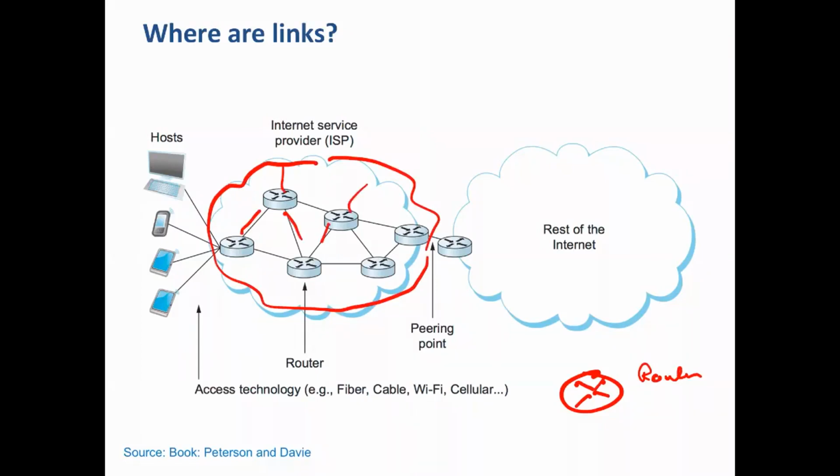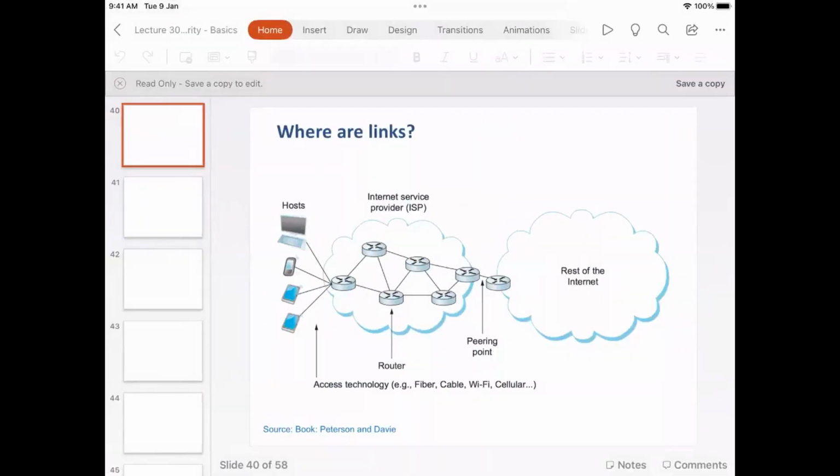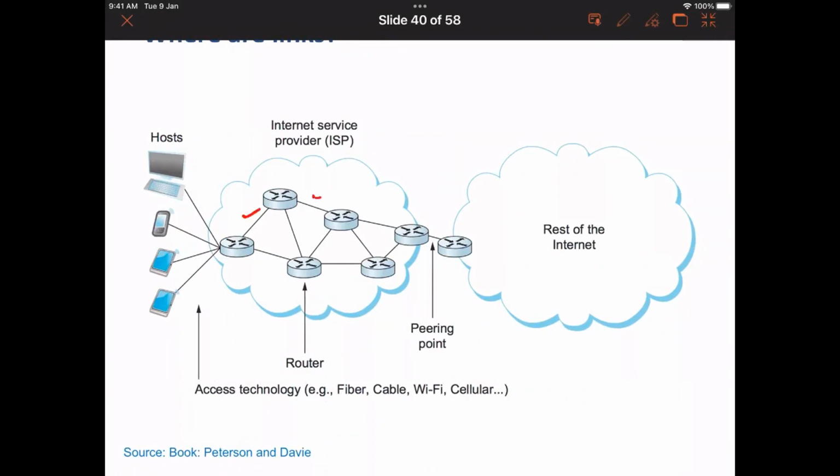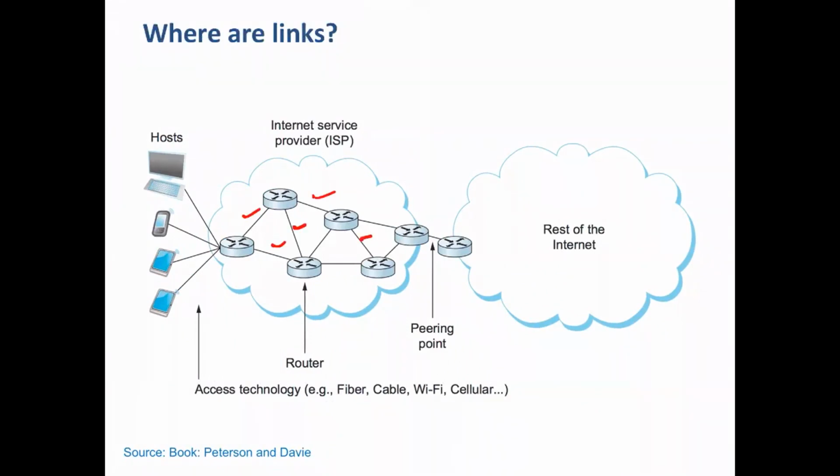And of course, from the routers, the links may go to some point somewhere or other, right? Where are the links? These are all the links. This is a link, the link here, link here, link here. This is also a link.